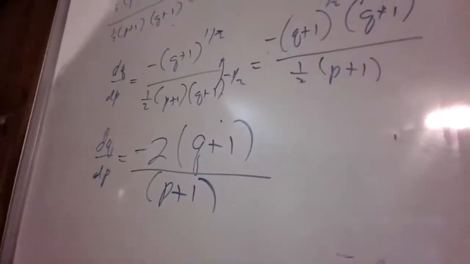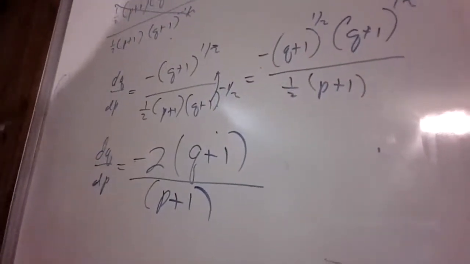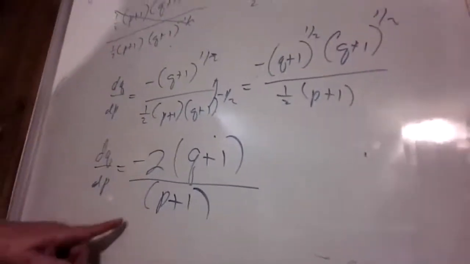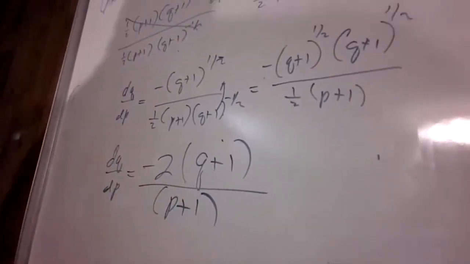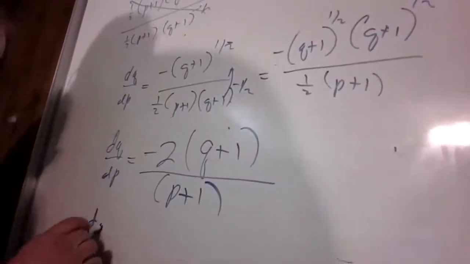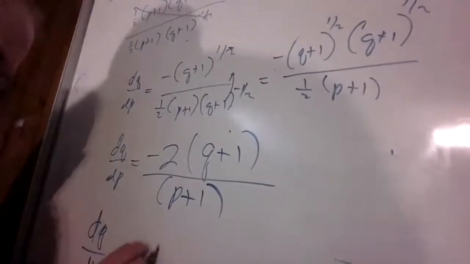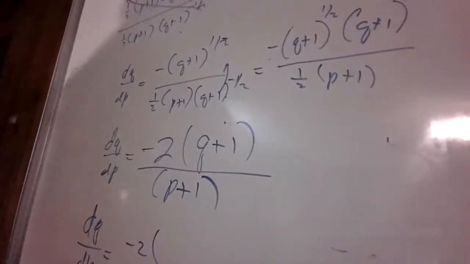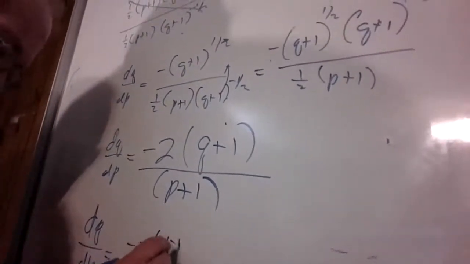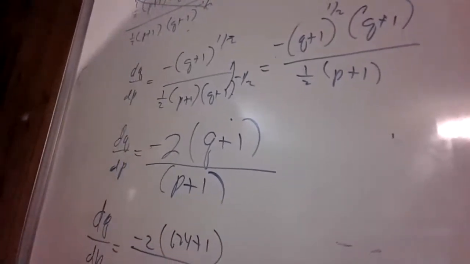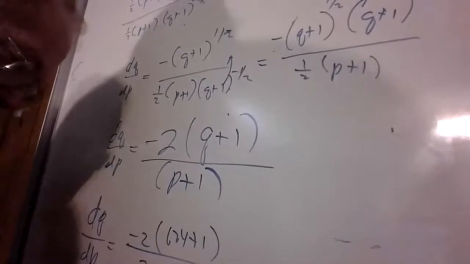But now what do I need? In my elasticity formula, I need Q and P, which I have, but I got to put in what Q and P are in here. So let's figure out dQ dP in terms of a number. So it's minus 2. Q is 624 plus 1. And P is 39 plus 1.